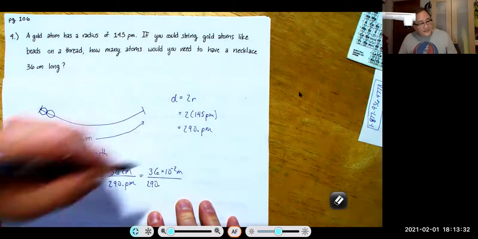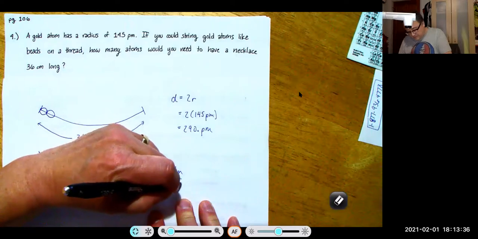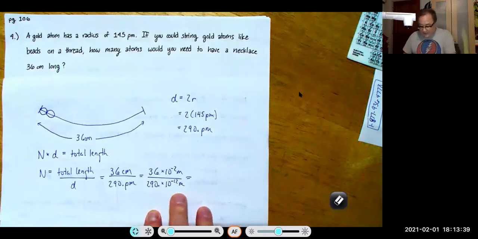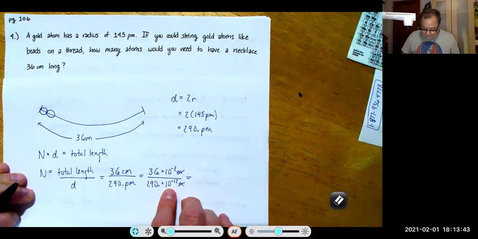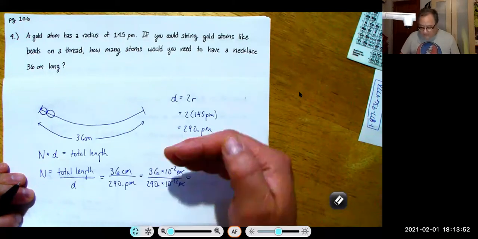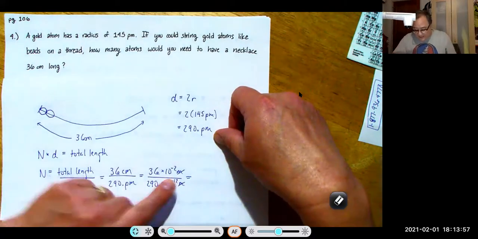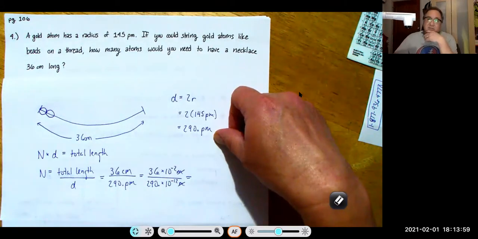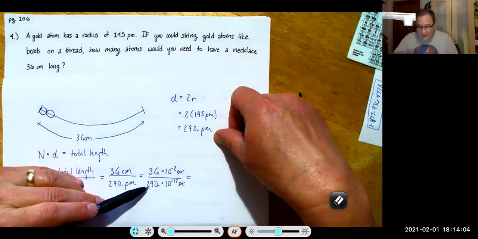Now, pico is 10 to the minus 12. And so here you can see that the meters will cancel. 10 to the minus 12, when you take it into the numerator, it becomes 10 to the positive 12 times 10 to the minus 2, becomes 10 to the 10, and 36 divided by 290.